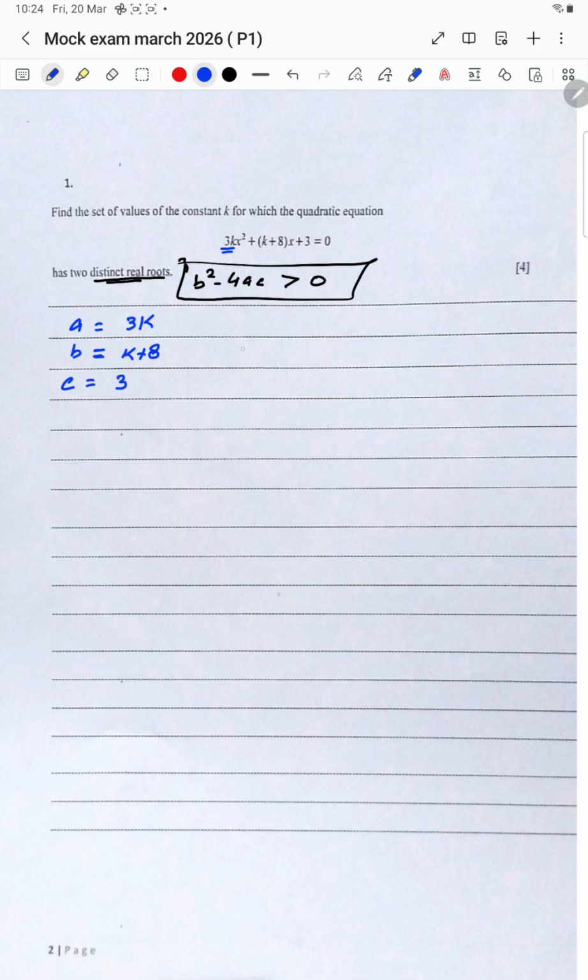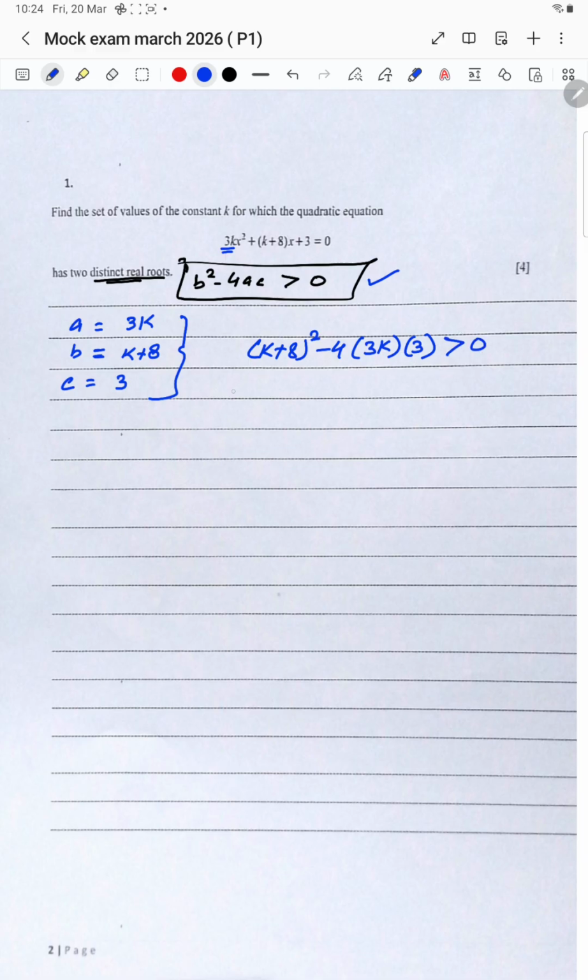So applying these values in this rule: b square, (k plus 8) whole square, minus 4 times a times c, that is now bigger than 0.